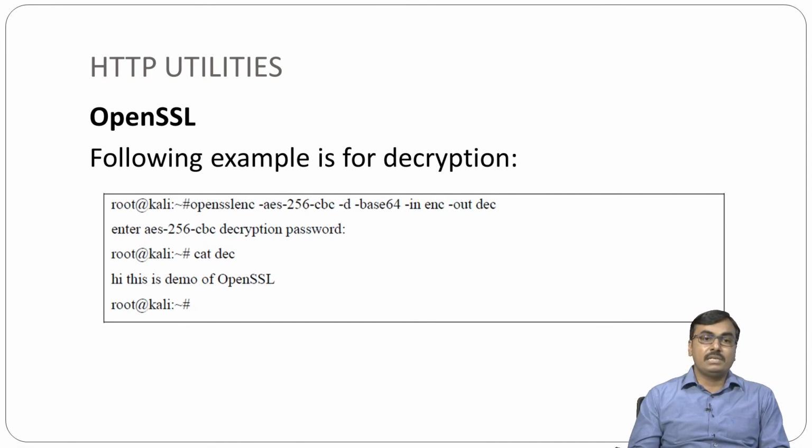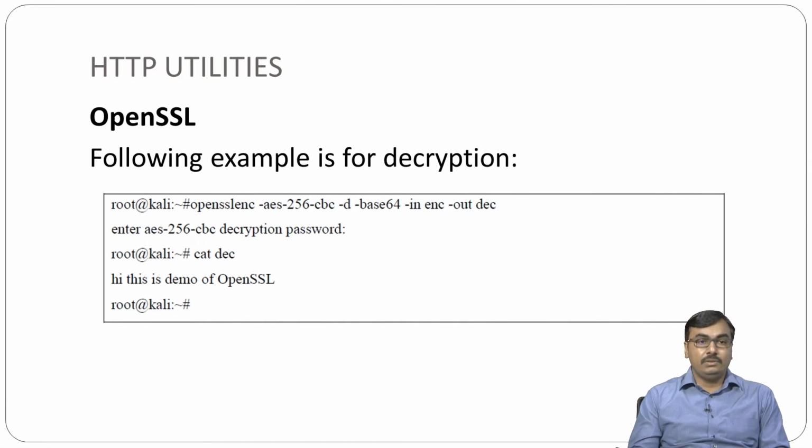Then you can see I am displaying the DEC file. The DEC file is my output file of decrypted OpenSSL. Through the cat DEC command, while I am executing it, you will get the plain text content.